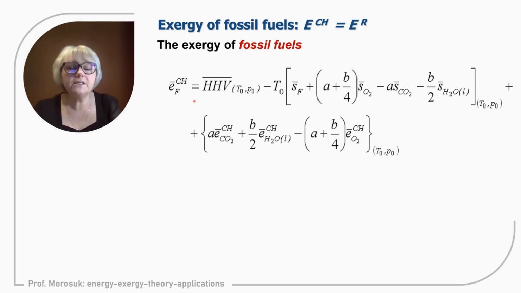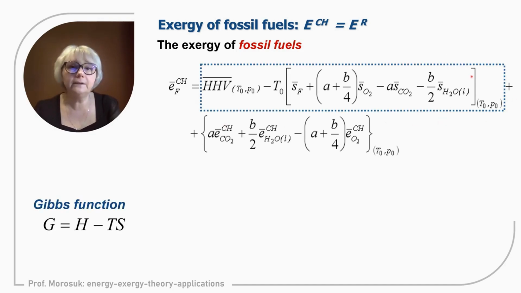The problem is that in chemical thermodynamics, chemical engineers do not work with higher heating value, and they prefer not to work with entropy. These are not variables for chemical analysis. Therefore, this equation where enthalpies and entropies are included, we can replace with the Gibbs function.